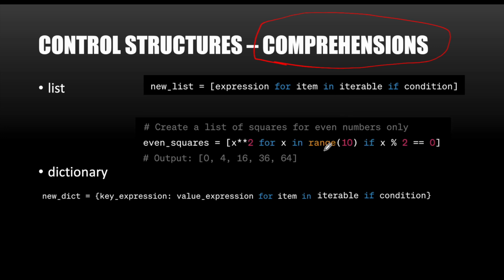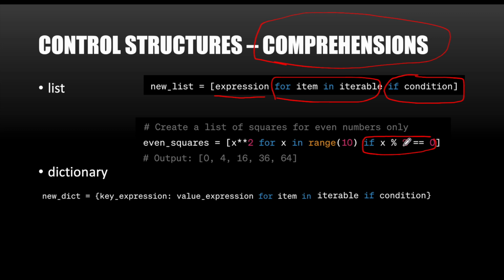One more thing before we go to the dictionary is that you can have a condition also here. So you have the expression, you have the iteration for which this expression has to be run, and you have a condition for which this expression has to be run. Whenever x % 2, which means the remainder when you divide x by 2, is 0, in that case you want to have x to the power of 2.